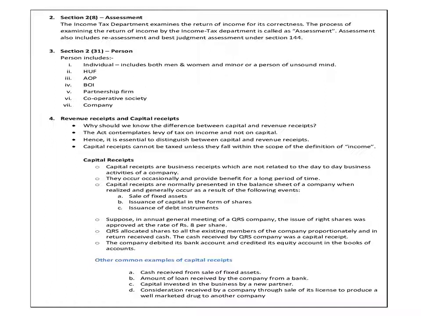They are cash received from sale of fixed asset, amount of loan received by the company from a bank, which is also a capital receipt, capital invested in the business by a new partner, which is a capital receipt, and consideration received by a company through sale of its license. If they sell any license, the consideration received is a capital receipt.